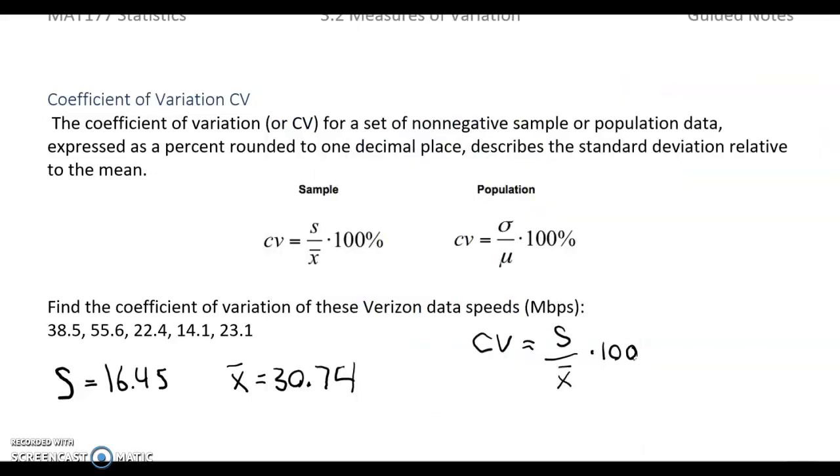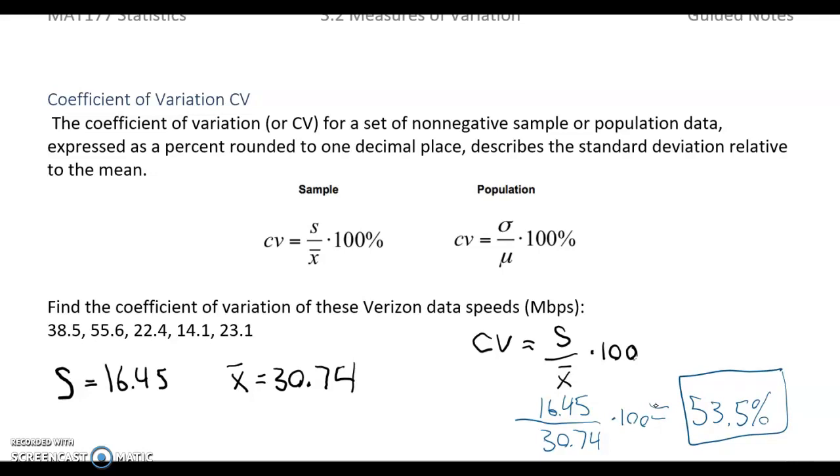Now we can fill in the formula. Our coefficient of variation is 16.45 divided by 30.74, and then we'll multiply by 100. Our answer to 1 decimal place is 53.5%.